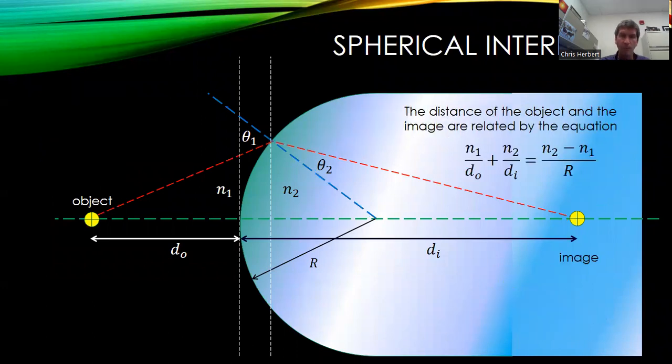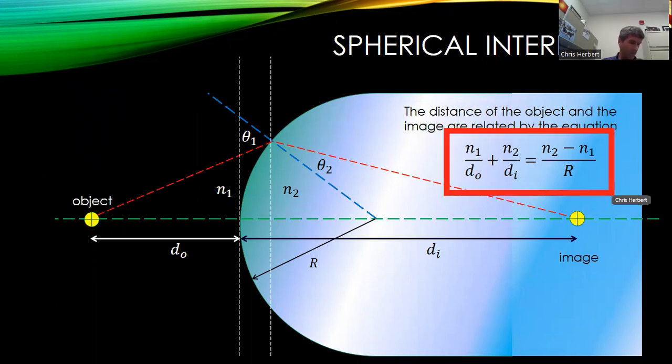Okay, so here's our equation for that interface. Not an equation that we use very much, but we can see it has the index of refraction of both media, has the distance to the object, and allows us to calculate the distance to the image based on the radius.